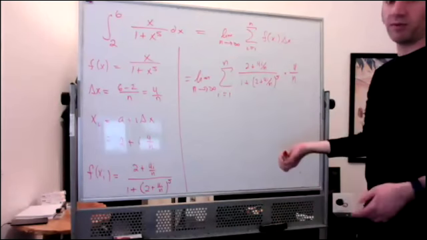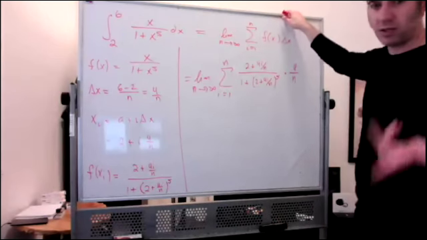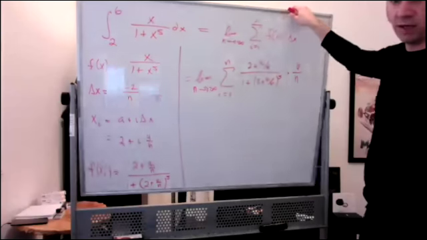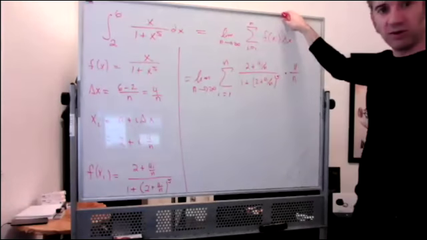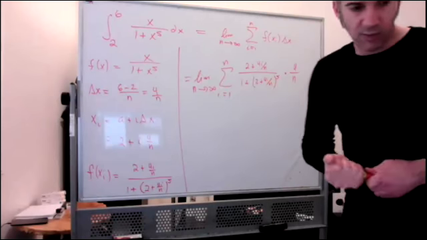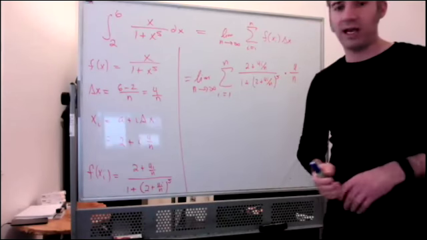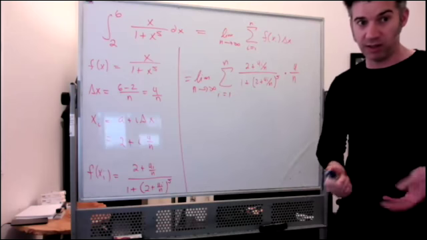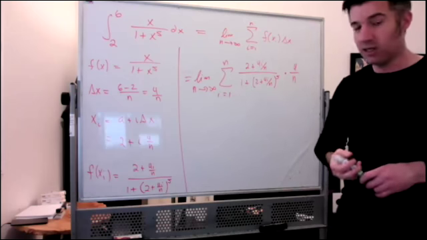The other thing people like to do is go the other direction. So you could do it this way. This is the way you should do it. But I will point out, no one actually said you had to use right endpoints. So if you wanted to get super fancy, you could use left endpoints.